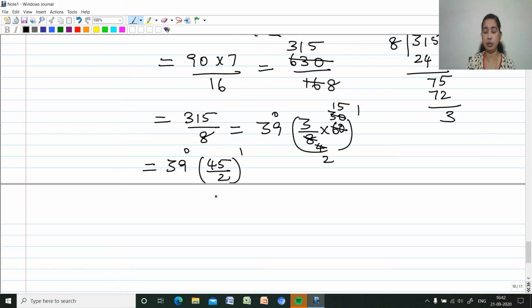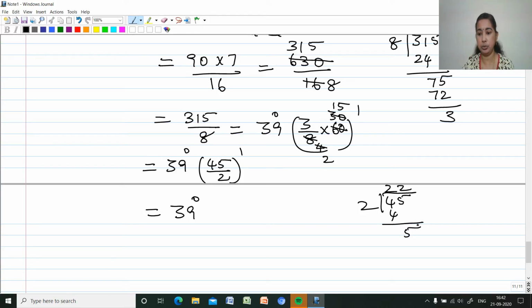Again 45 by 2 should be converted to seconds, so go for long division. 45 divided by 2. 2 2s are 4. Then again 2 2s are 4. Remainder 1. So you can write this as 22 minutes.